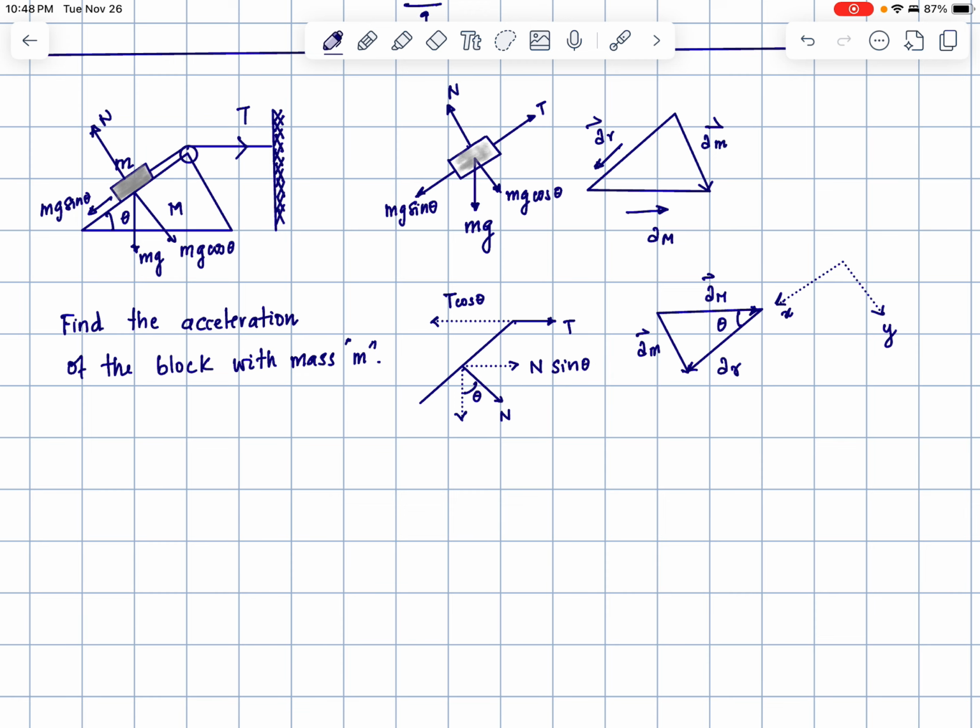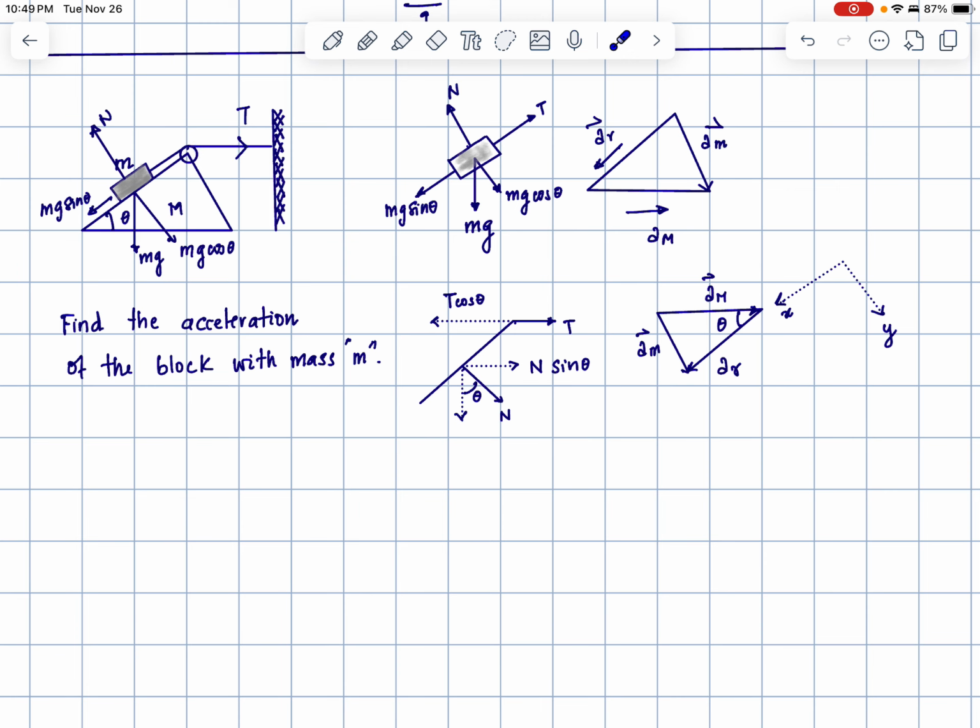Okay, so now the interesting thing here is this, that the amount of rope consumed in moving this block down, okay, is the amount of rope that's consumed here. Okay, so whatever length of the rope is extended here, that same length of the rope disappears here.